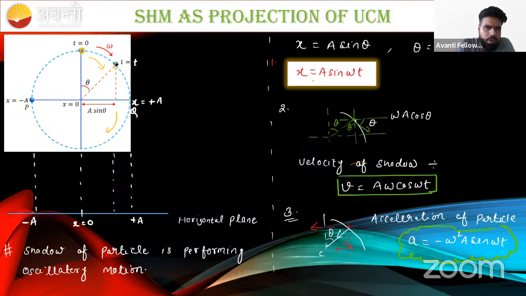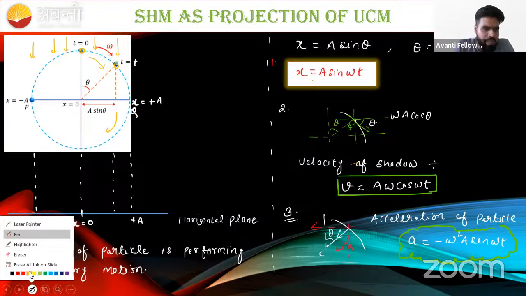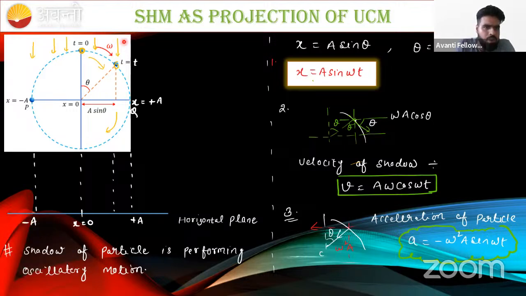Suppose from the upper side we shine a light on the motion of the particle. The particle moves in such a manner: t equal to 0, t1, t2, 3, 4, and so on, in the clockwise direction. Can you feel it? Yes or no?